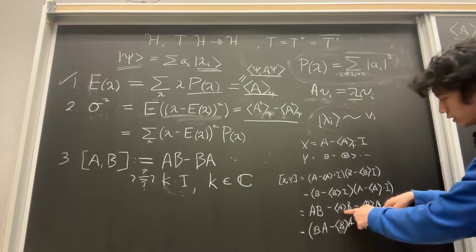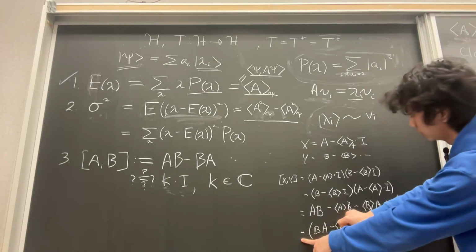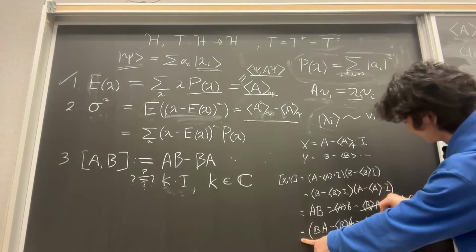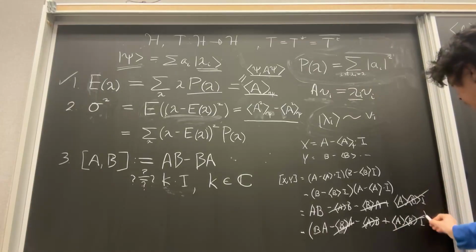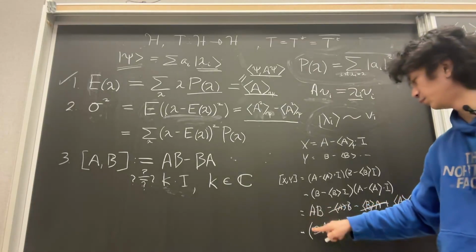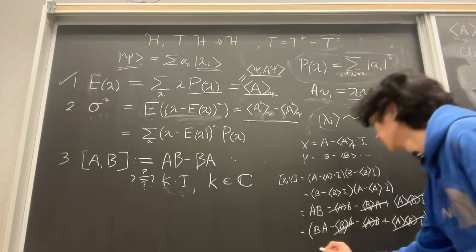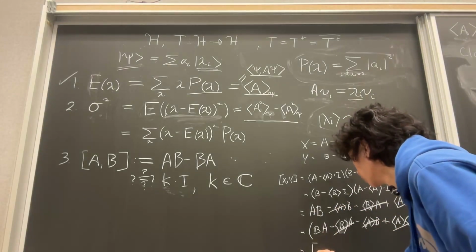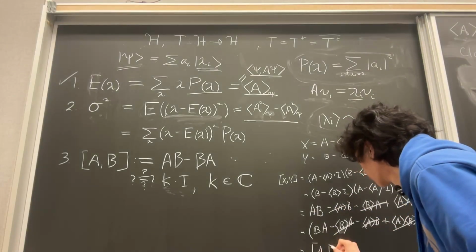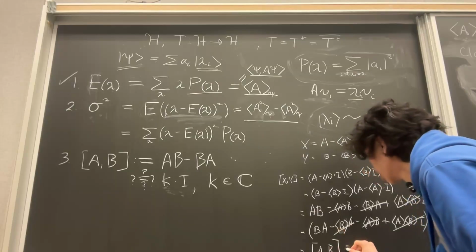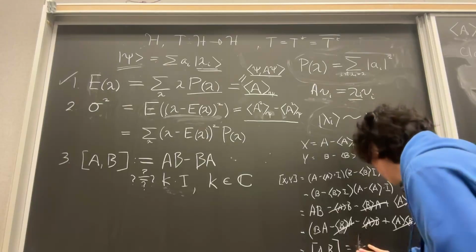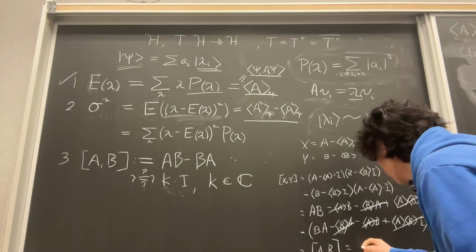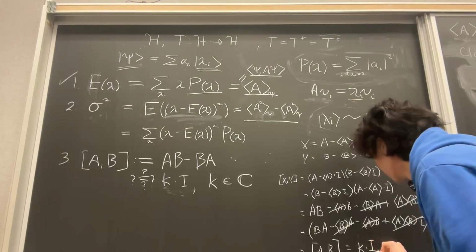Okay, so these would cancel. You have a minus sign. So these cancel. And these two also cancel. Right. So what you're left with is just AB minus BA. So it's just the commutator of A and B, which is, we want it to be something like, sorry, no, we want it to be something like K times I, right?